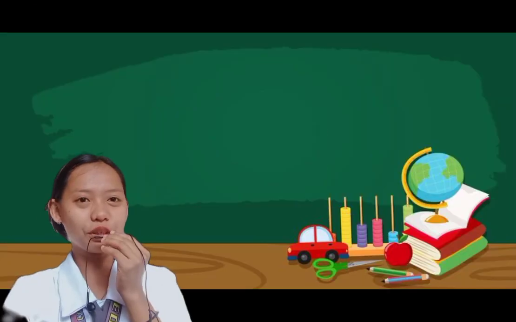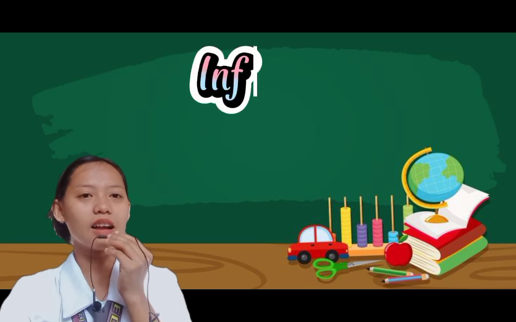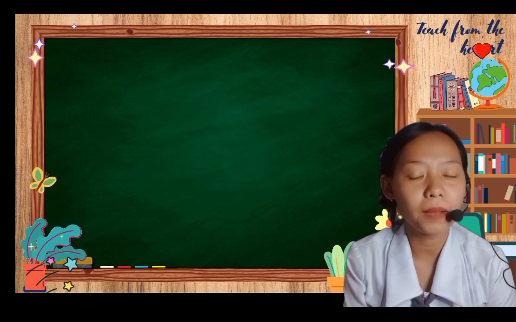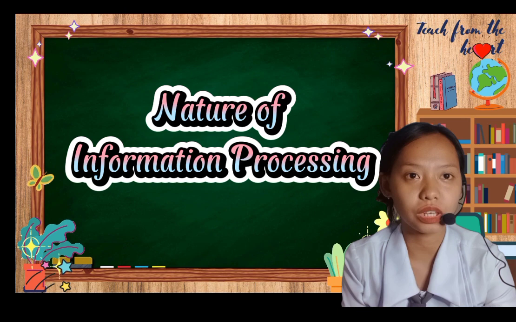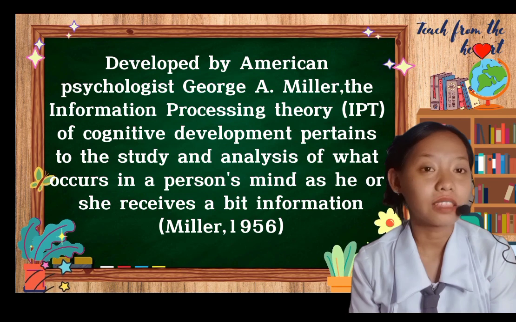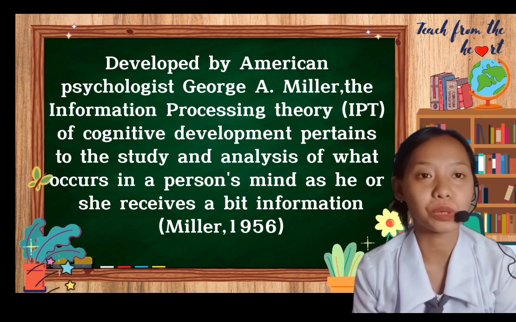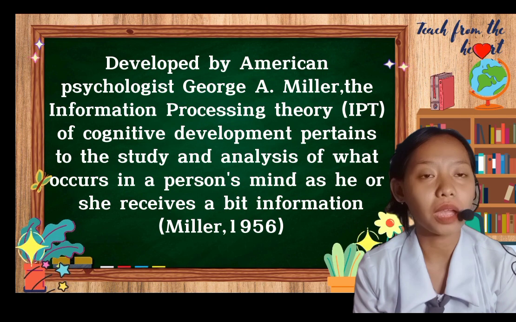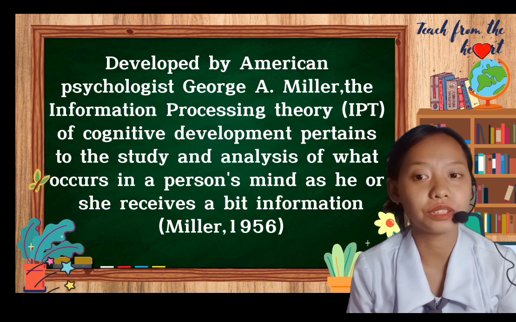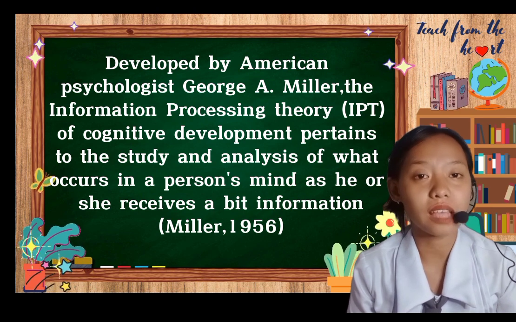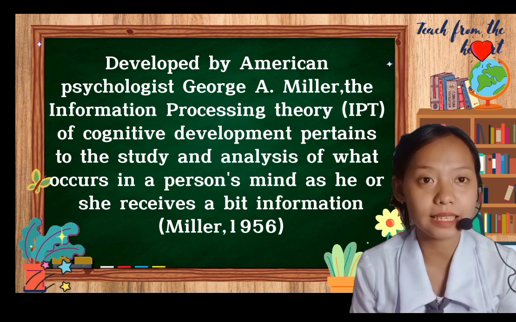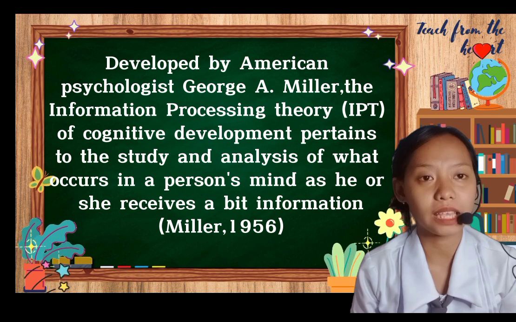For this afternoon, we will discuss the information processing theory. First, we will tackle the nature of information processing. Information processing was developed by the psychologist George A. Miller. According to him, information processing theory, or IPT, of cognitive development pertains to the study and analysis of what occurs in a person's mind as he or she receives a byte of information.